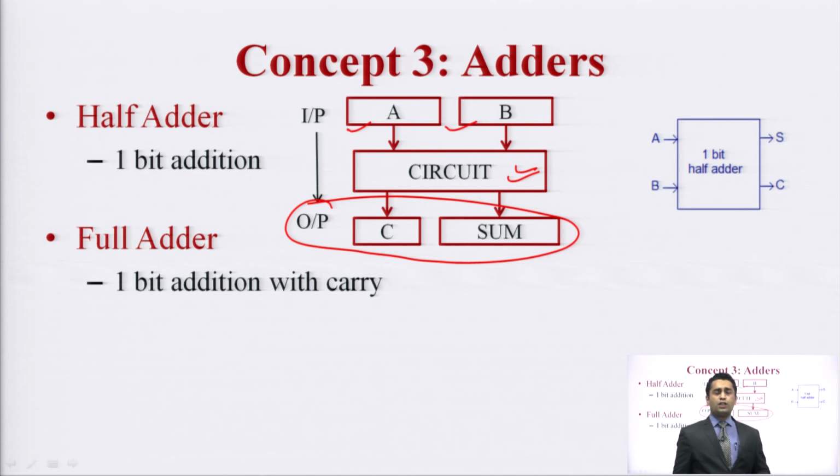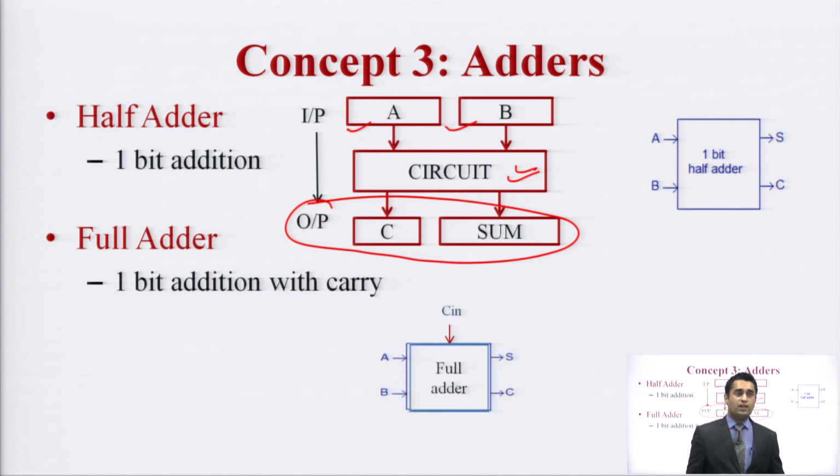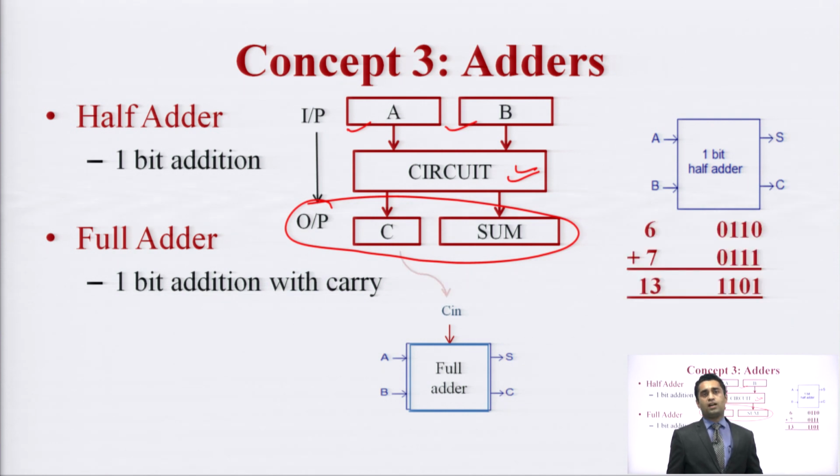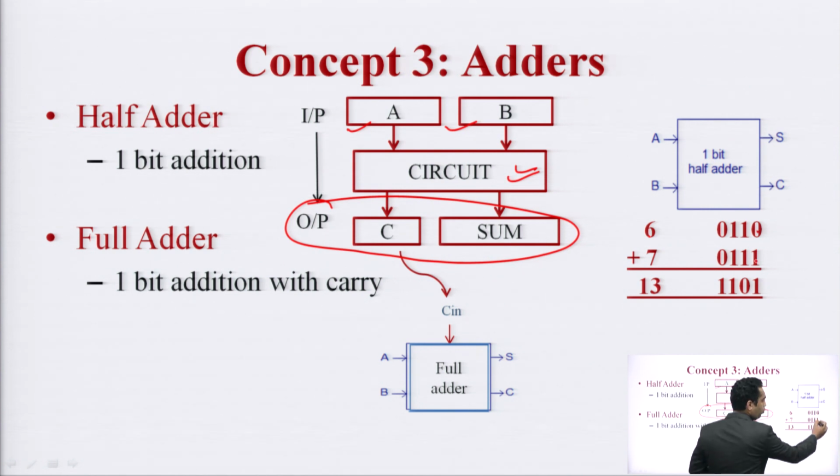Now if I talk about the second form, which is full adder. Full adder is carrying one extra input. How are we getting this one extra input? If we are adding A and B, how do we get one more input? Take another example of this. Here 6 and 7, I am going to add 0 and 1.